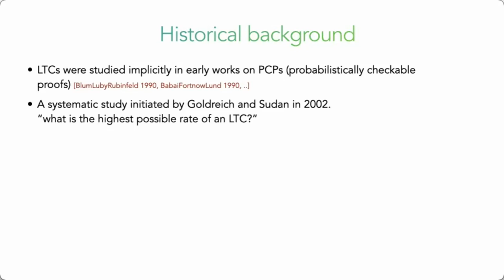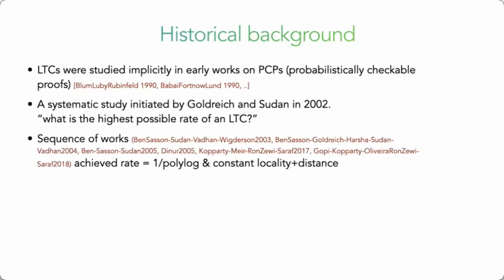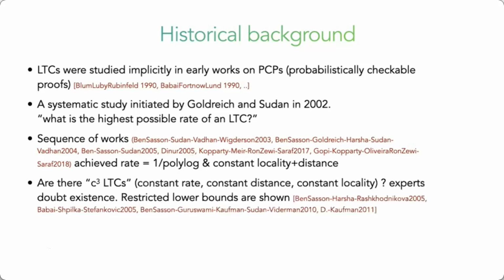What's the best rate you can get for a locally testable code? Then there were a sequence of works essentially using the technology that was already there for PCPs to get locally testable codes with similar parameters. And we could achieve a rate that goes to 0 as the block length grows, but only inverse polylogarithmically. So a rate that's kind of okay, but not constant, which is the golden standard of coding theory.